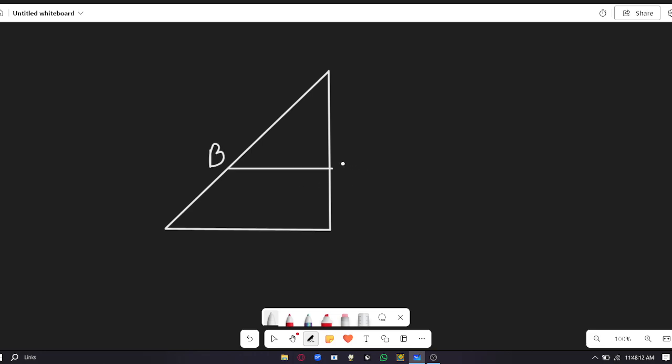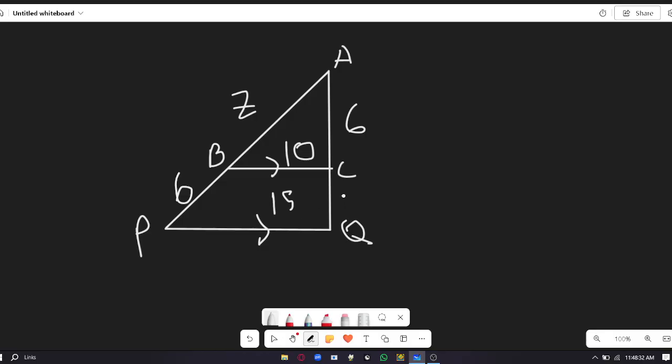We have a B, C, Q, a P, a 6, a Z, a 6 in here again, an A, this is 10, this is 15, this is Y. Since the unknowns are in red, Y, and that unknown right there on top is Z. So we need to find Y and Z.